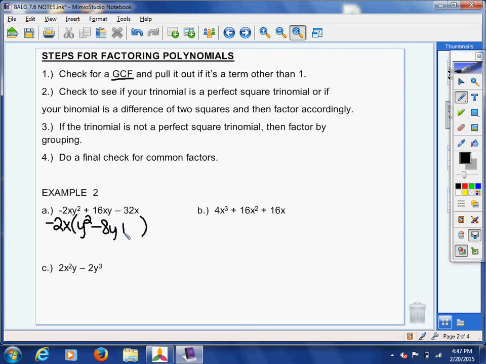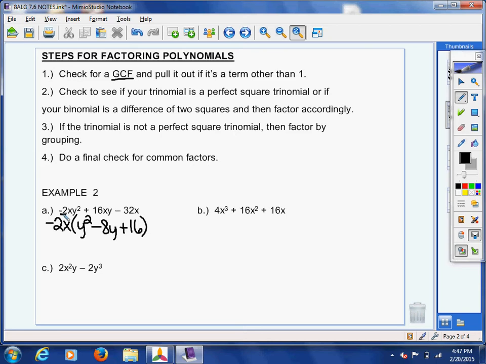And that would be positive 16. Now, if you're not sure about the signs, just go back through and look at it again. A negative times a positive, there's your negative. -2 times -8 is positive 16. -2 times positive 16 is -32. So if you're thinking, I don't know how she got those numbers, hopefully you were tracking me. If not, slow me down tomorrow in class and let me show it to you again, okay?